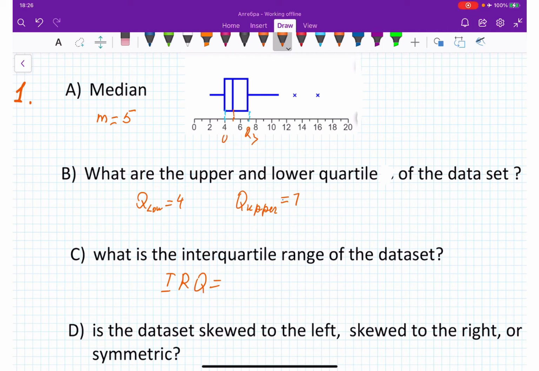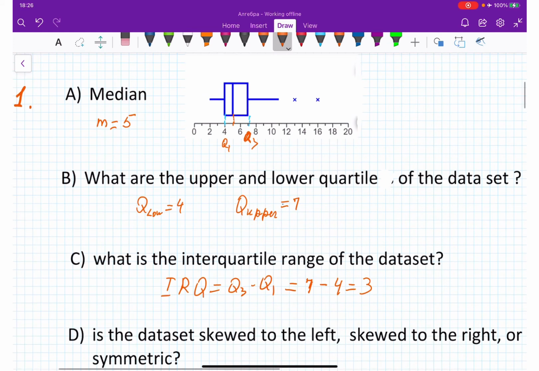And this is Q1. So it's equal to Q3 minus Q1. Q3 is my upper quartile, which is going to be 7. And Q1 is the lower quartile, which is going to be 4. And the interquartile range is 3.